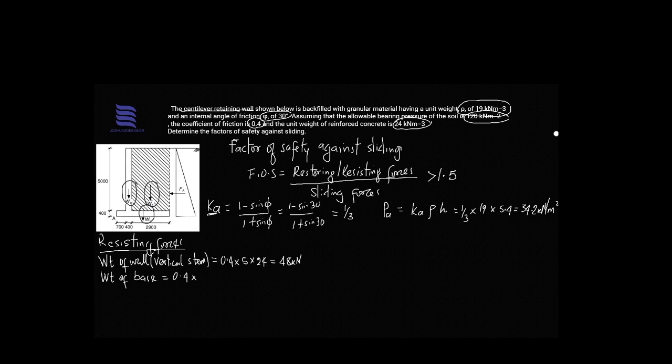So that will give us 4 meters in total, multiplied by 24, which is the unit weight of reinforced concrete, and altogether we have 38.4 kilonewton.